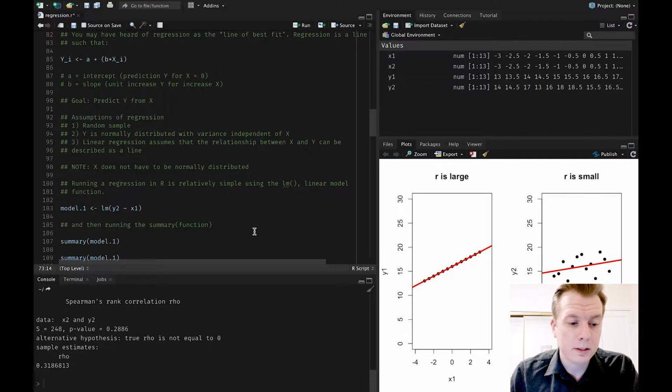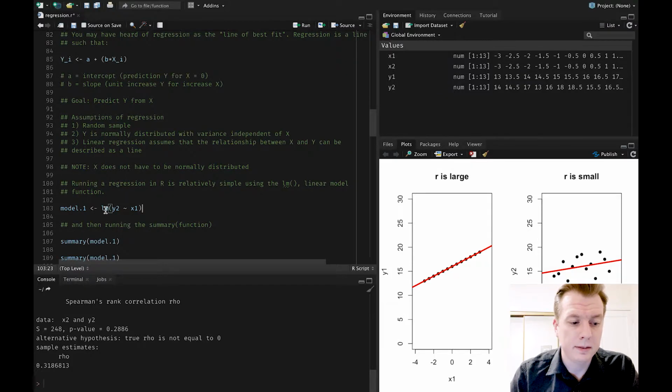Running a regression in R is pretty simple, and we use the linear model, or LM, function. We give the model some name, here model.1, it doesn't really matter what the name is, and it's LM, and then it's your y variable first, so here is y2, and then you have the tilde symbol, and then your x variable.